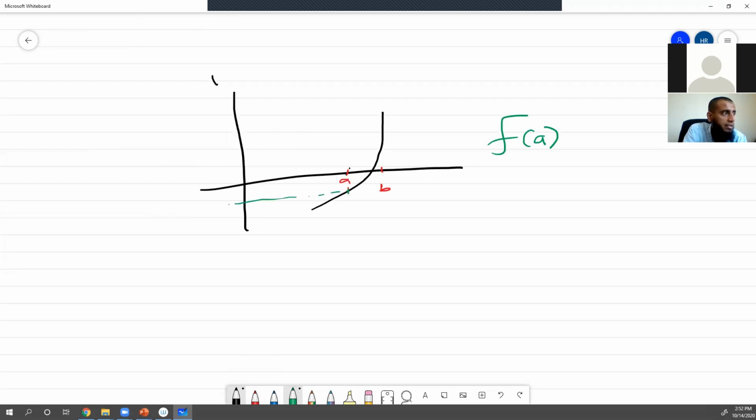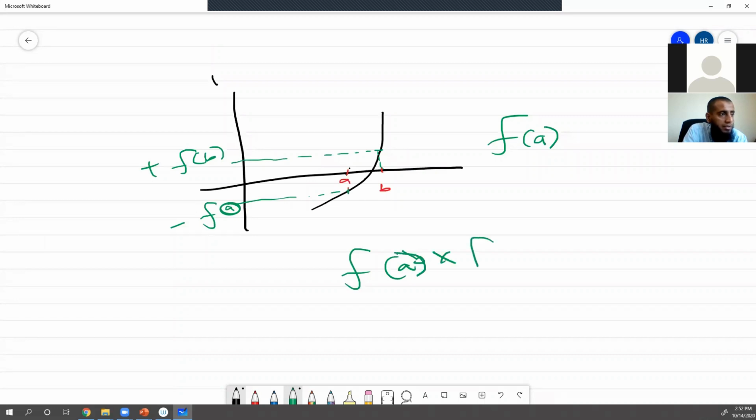So fa negatif. Okay, fb boleh dia positif. So we need to multiply fa times fb, and then the result should be less than 0.